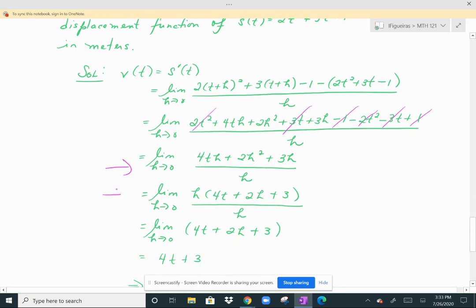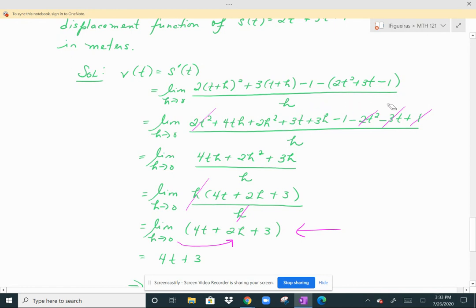So I factored out an h, leaving me with h times 4t plus 2h plus 3 over h, but that allows us to cancel the h's, the one on the outside and the one in the denominator, and that leaves me with this line. And now I can apply direct substitution, and when I plug in h equal to 0, that middle term cancels, and you're left with a general velocity function of 4t plus 3.